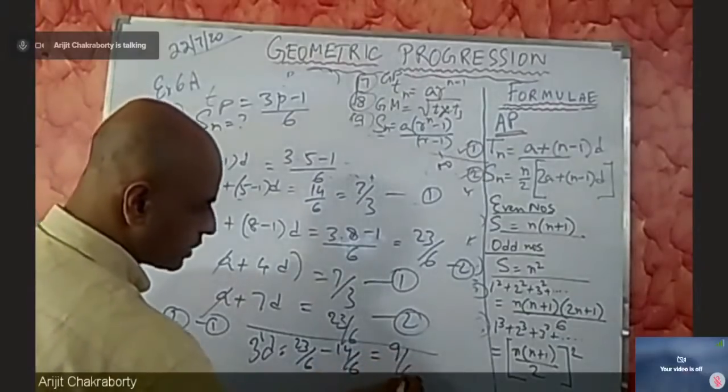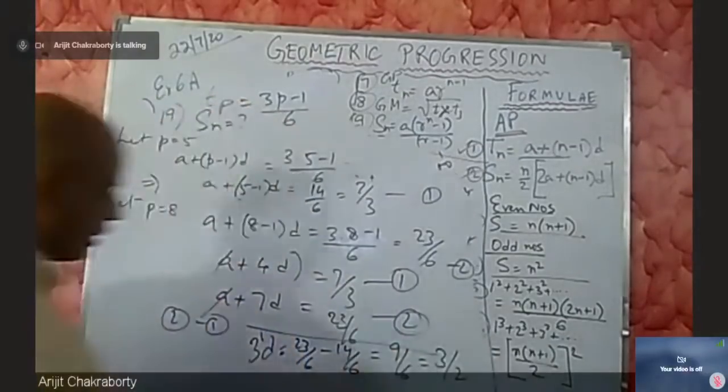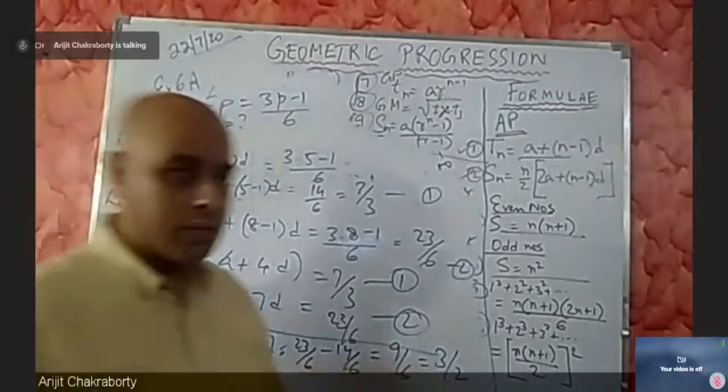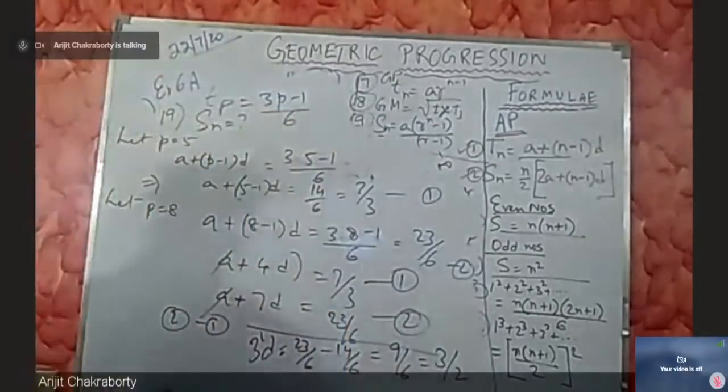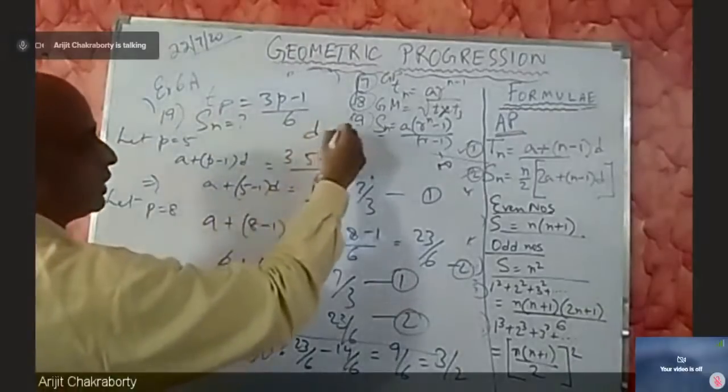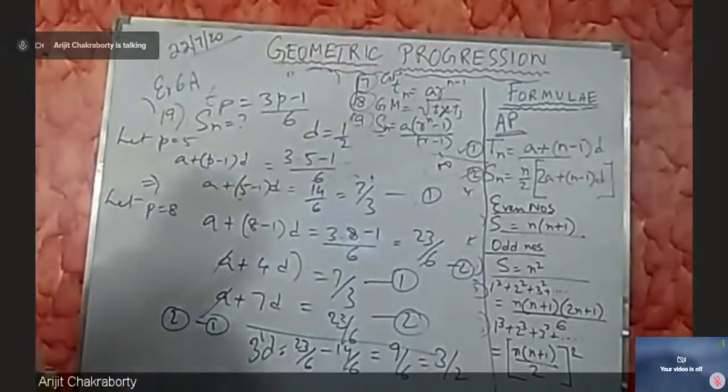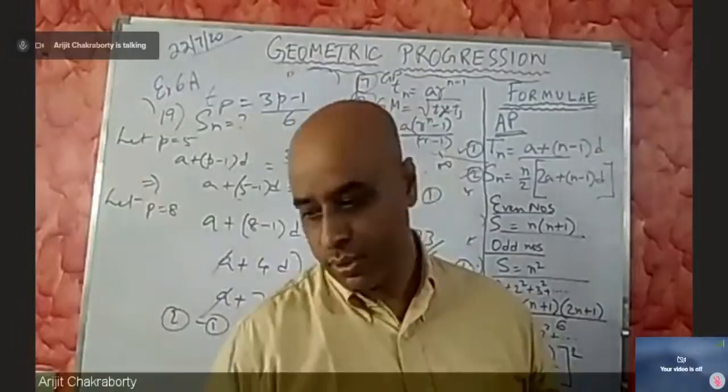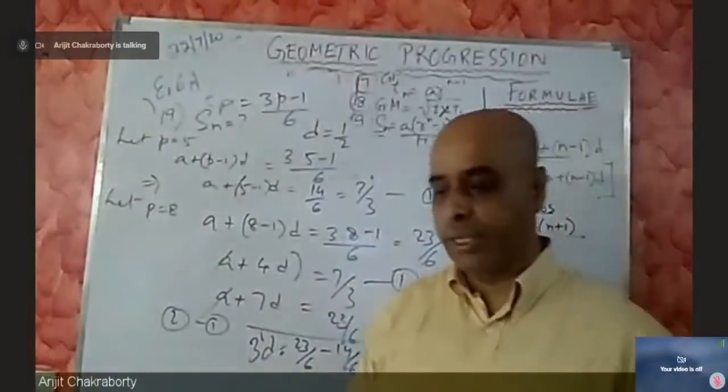That is 9 by 6, that is 3 by 2. So we have got 3d equal to 3 by 2, then d is equal to half. So we have got d equal to half.